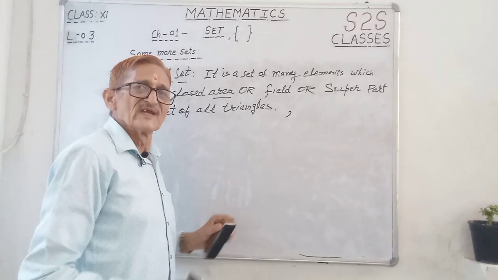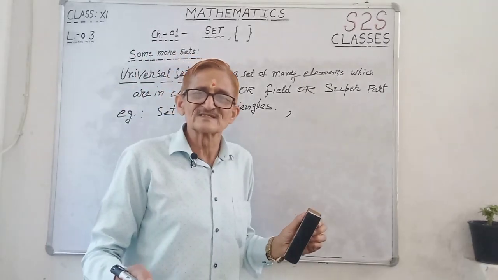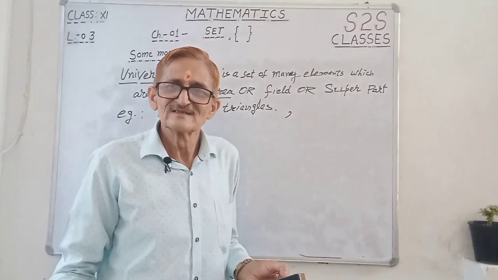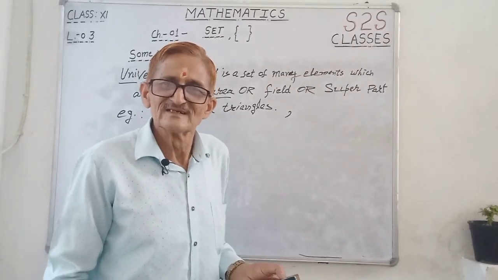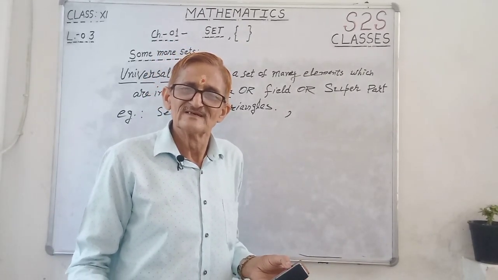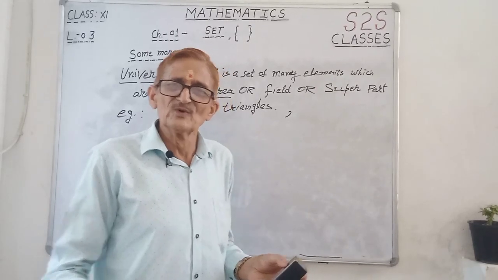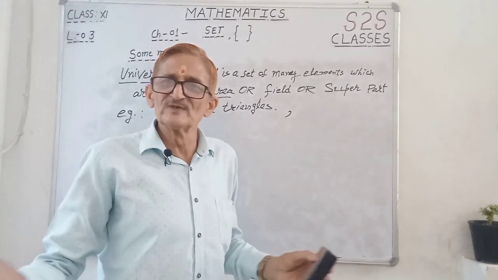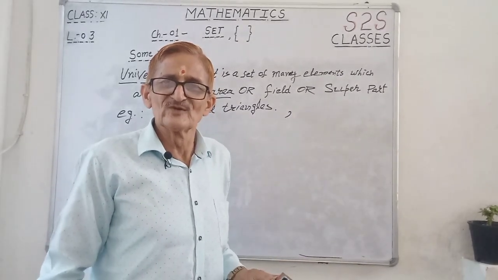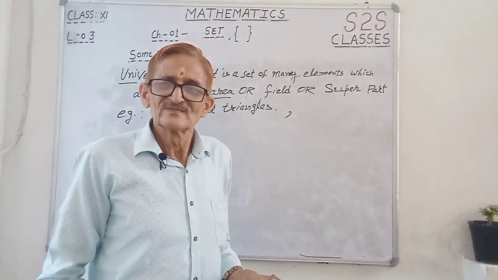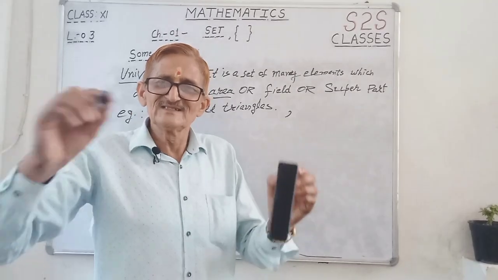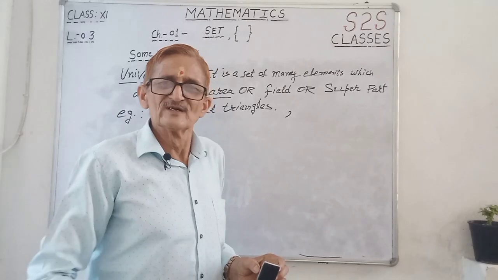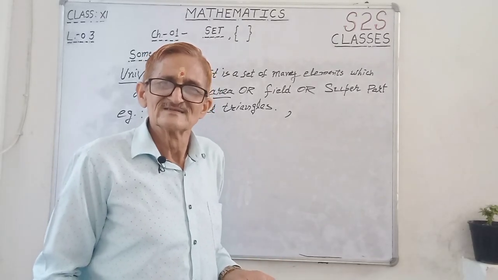ओके, वी कैन टेक यूनिवर्सल सेट all digits, set of all digits, universal set. We may take, okay, set of 2-digit numbers. एक हॉल एरिया क्लोज कर दिया आपने 2-digit नंबर, यू कैन टेक यूनिवर्सल सेट. ओके, that is generally one closed field according to that sentence.